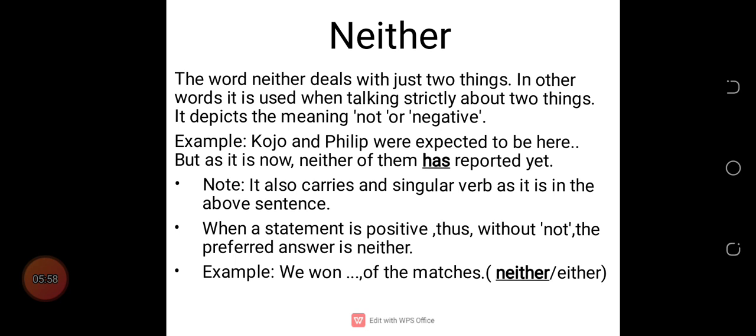When you look at the statement, we don't have any negative word there. Don't forget we said that neither conveys a negative meaning. But when a statement is positive, without not, we go for neither. Because if you have not, you are not going to give the meaning.